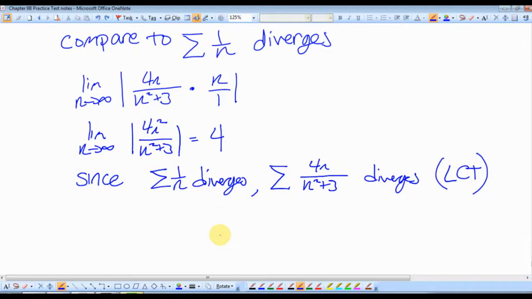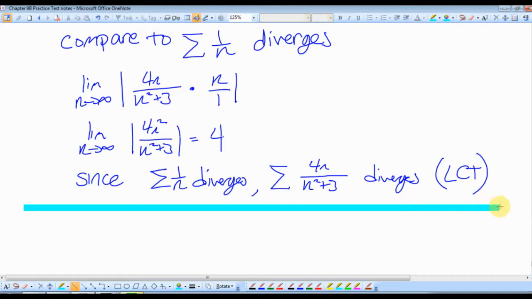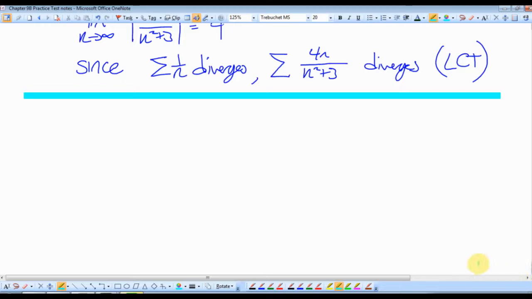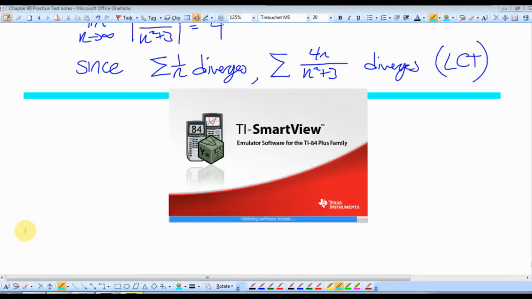Okay? Let's get to the next one. This one is not quite as obvious. And in order for us to figure this out, I'd actually like to take out the calculator. You don't have to take out the calculator. I'm going to take out the calculator, and I'm going to look at two functions.